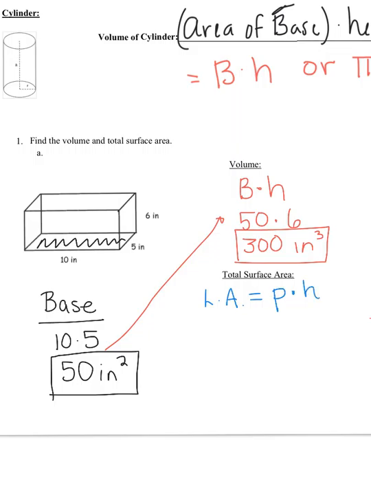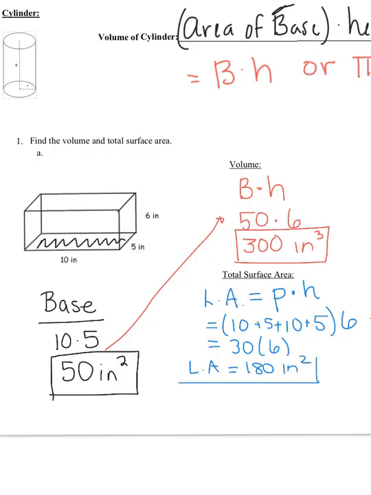Since we called that rectangle with dimensions of 10 and 5, our perimeter is 10 plus 5 plus 10 plus 5, we're already at 30, times our height of 6. And our lateral surface area is now 180 inches squared.